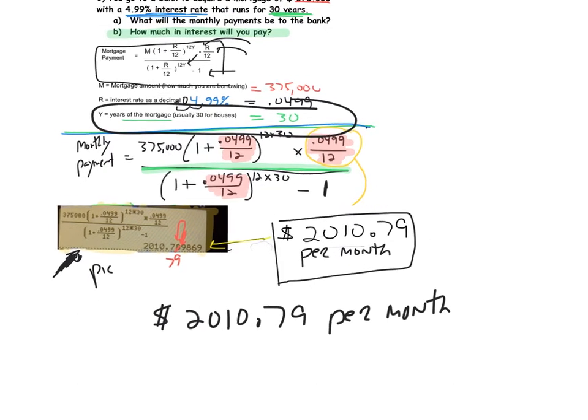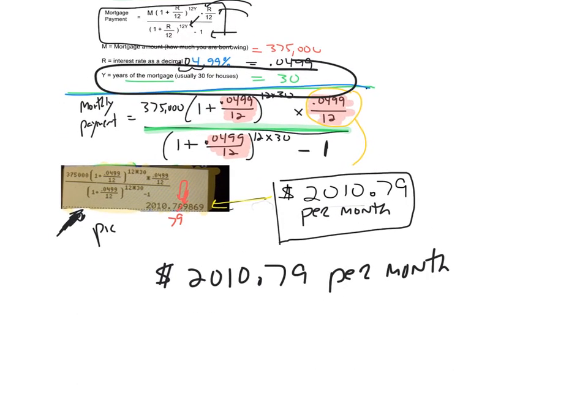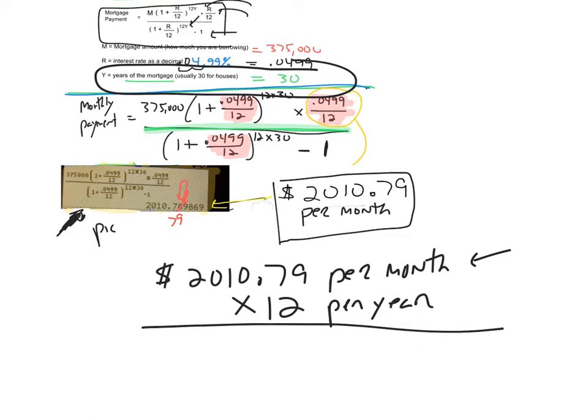So take the monthly payment, and first we're going to multiply it by 12, because if you're paying $2,010.79 per month, and there's 12 months per year, you're basically making 12 payments per year for your mortgage. So the first thing you're going to do is multiply your monthly payment by 12.